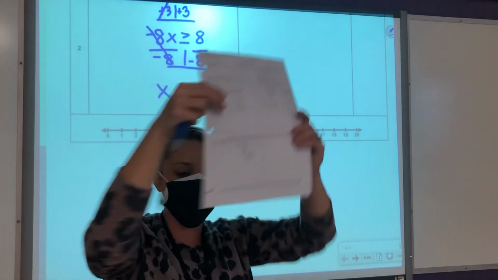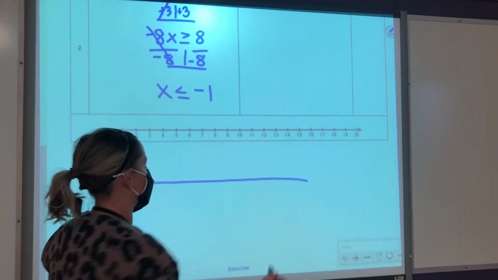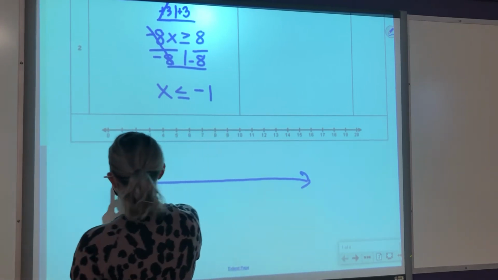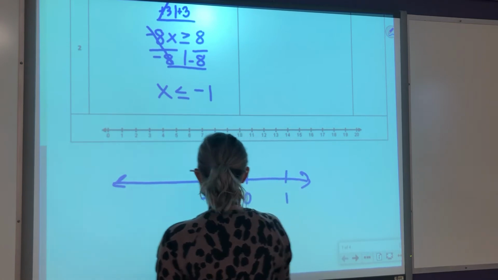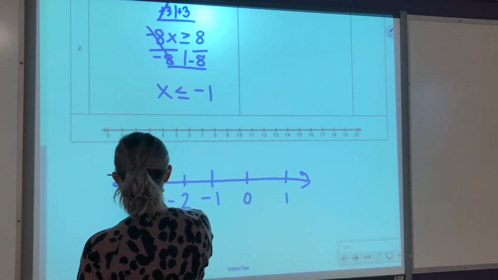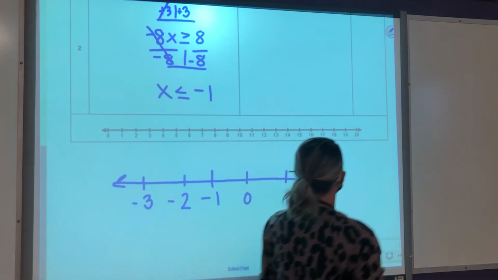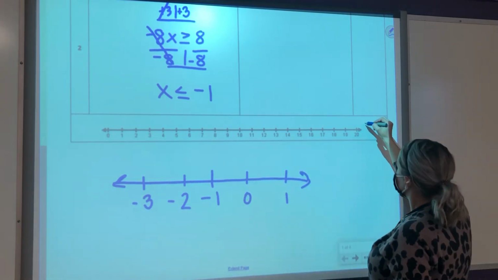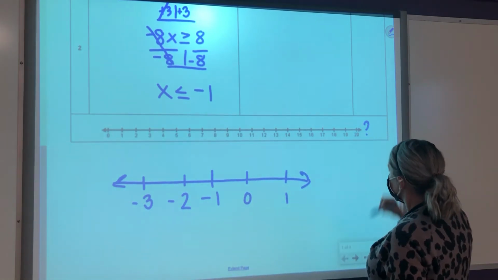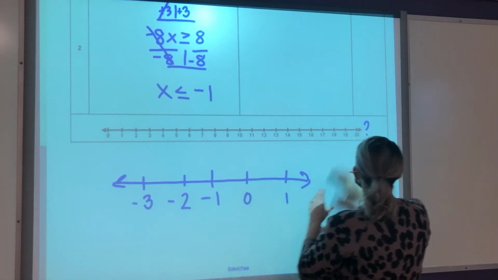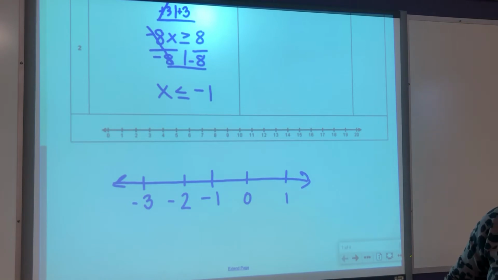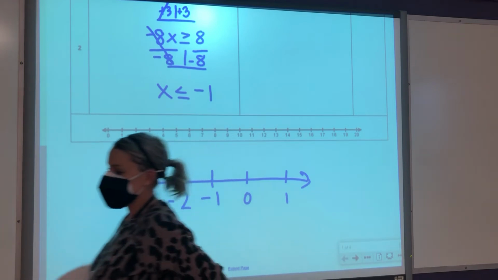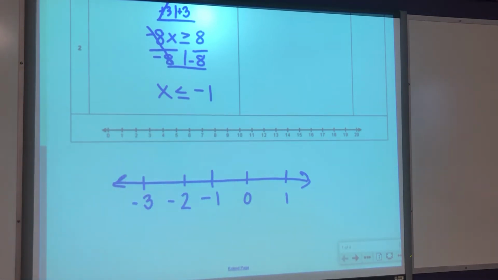Now we have to make sure we draw our number line correctly. So let's put negative 1 in the middle, 0 and 1, negative 2, negative 3. Sometimes we make mistakes, we have to improvise. It's okay.